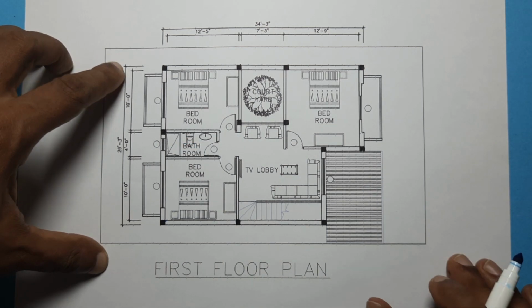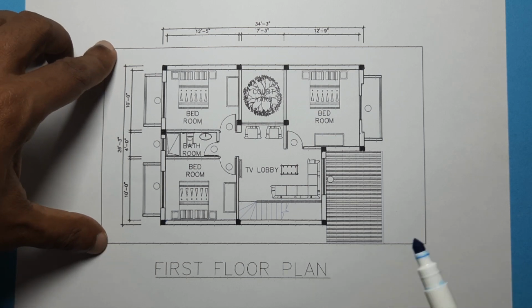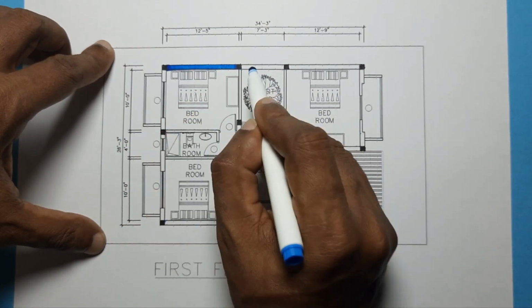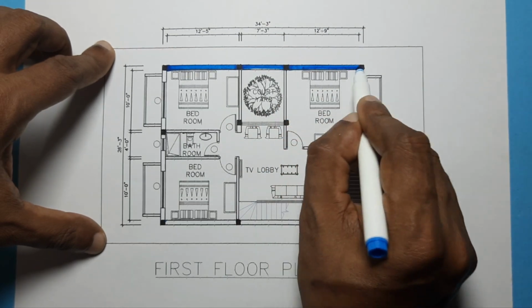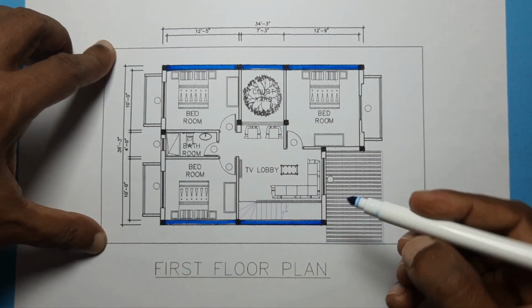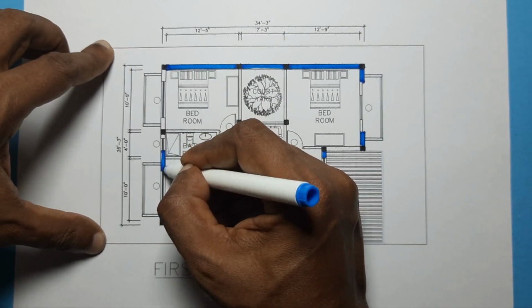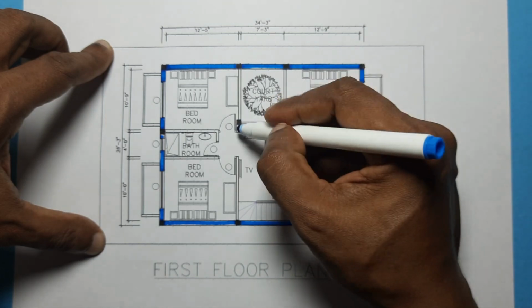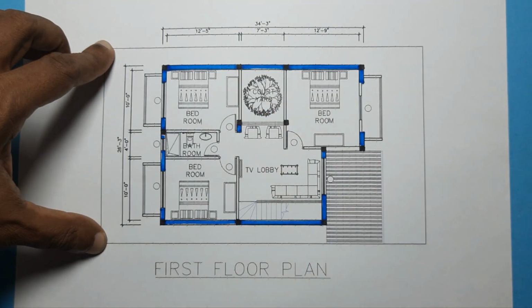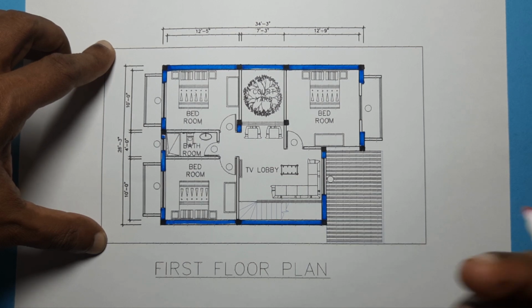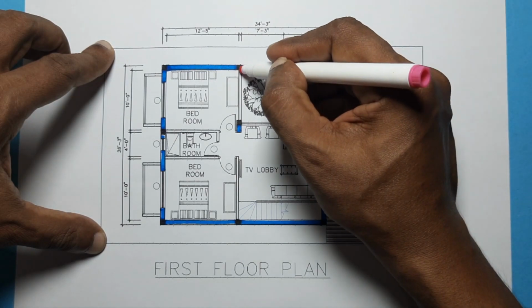Now I will mark the 9-inch brick walls with the blue color, and the half-inch wall with the pink color.